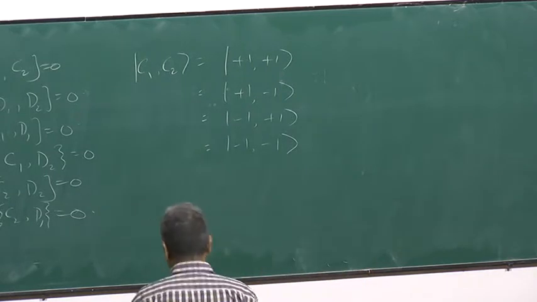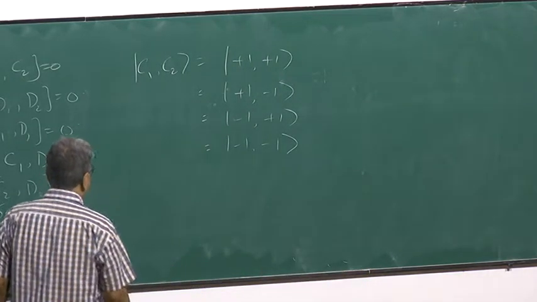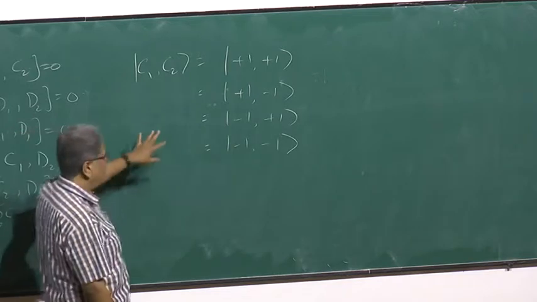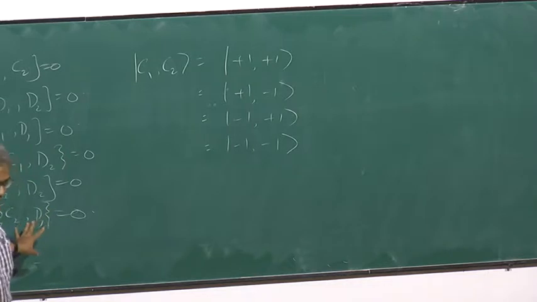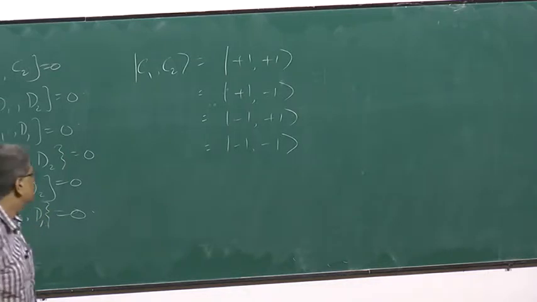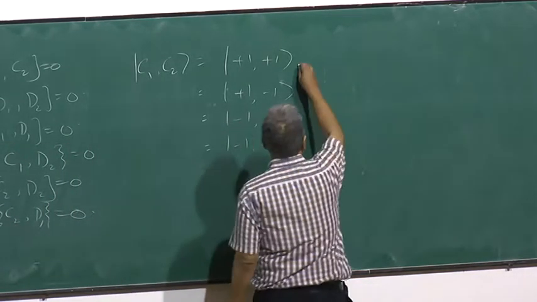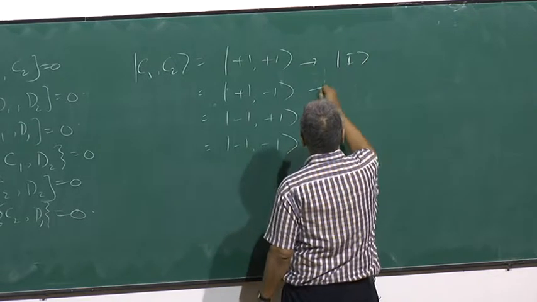How do you show that? You can't show that using only C1, C2; you have to use the presence of D1 and D2. Let us call this state 1, and this state 2.